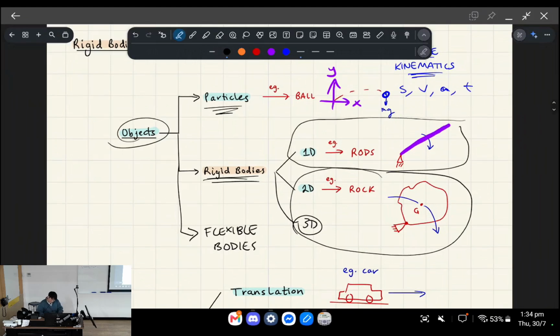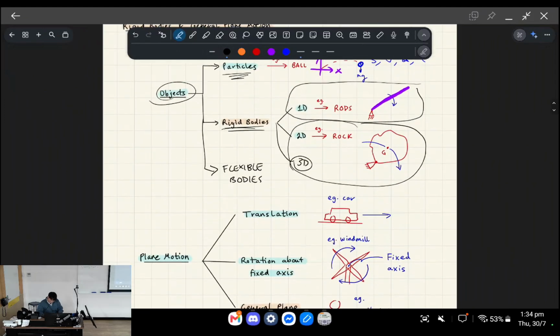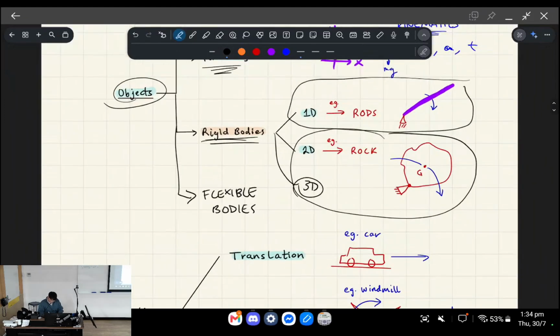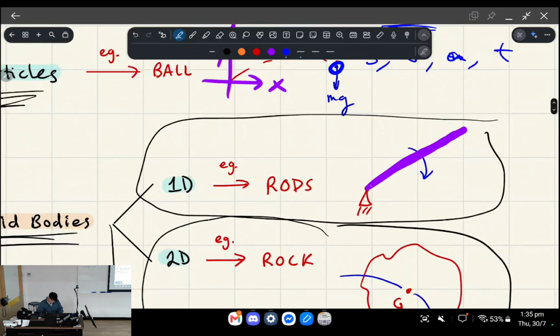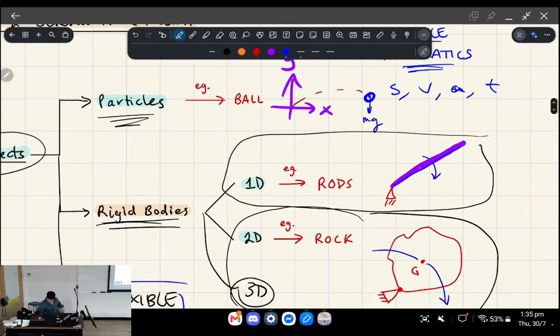I'll explain how that works in a bit, but we're just dealing with 1D rigid bodies today. Flexible bodies, on the other hand, would be like if instead of a rod you had a spring, for example, that could deform. But we don't deal with that, at least in this topic. We're only concerned with a rigid object that can move in space and rotate, but can't squash and stretch. Does that make sense?